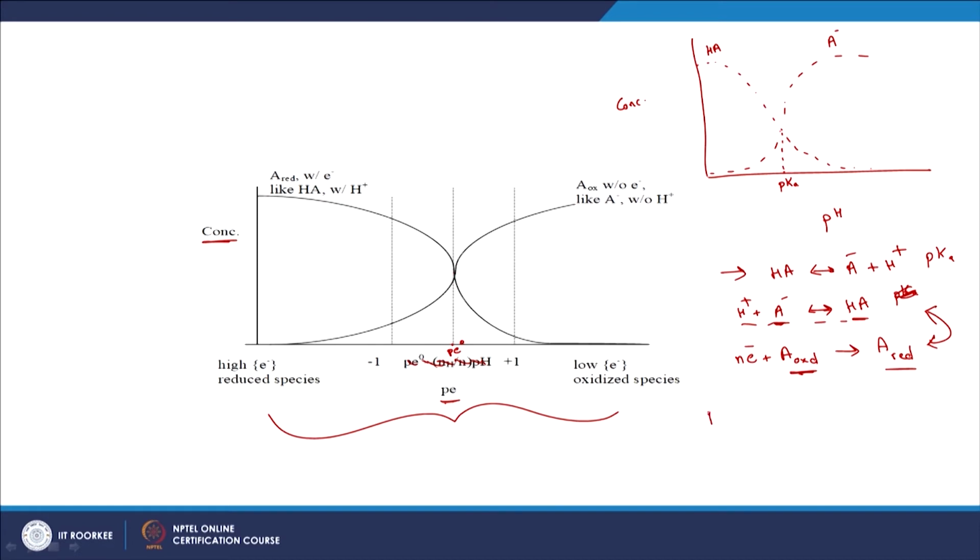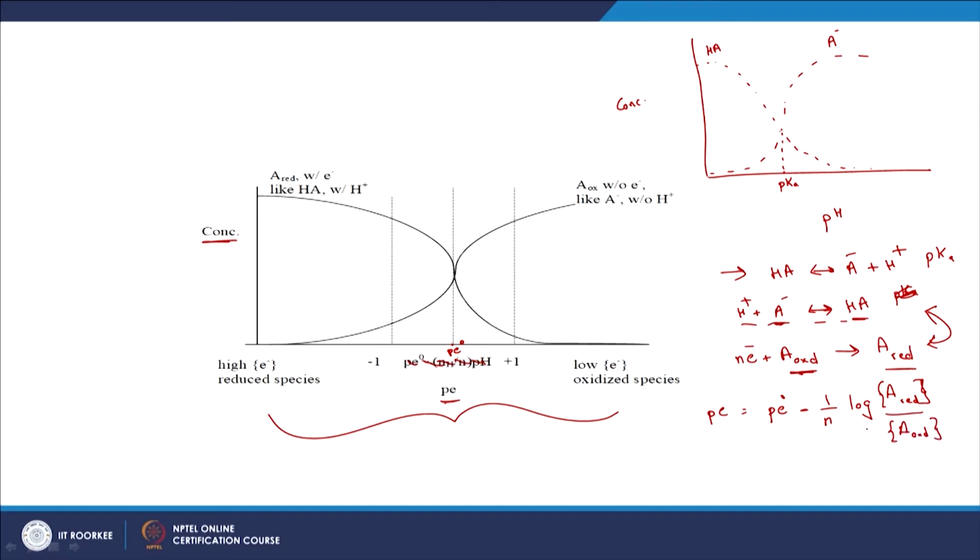So, we have Pe is equal to Pe naught minus 1 by n log Q dash, and what is Q dash for this particular reaction? A reduced form by A oxidized form.